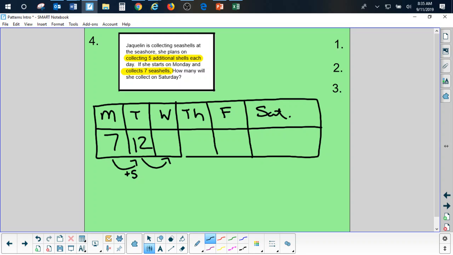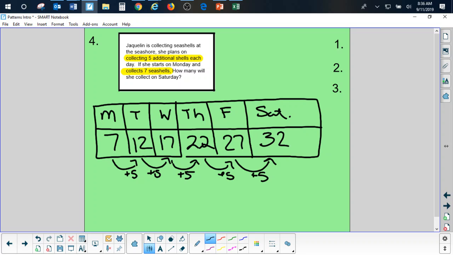And we continue that pattern because she collects 5 more each day. So 17, move over, plus 5. 17 plus 5 is going to be 22. If I add 5 again, I get 27. If I add 5 again, I'll finally get what I'm supposed to have on Saturday, which is 32. And that's our answer.